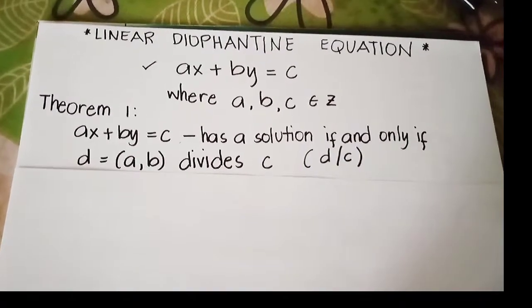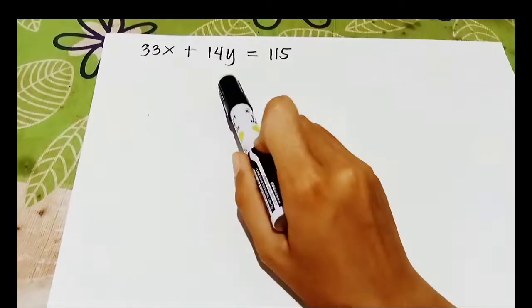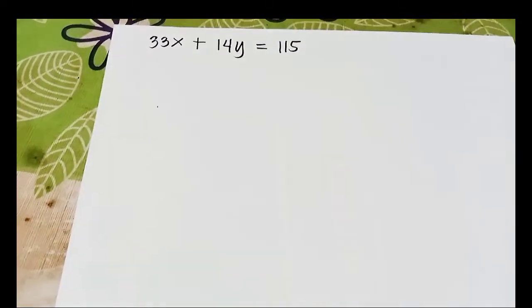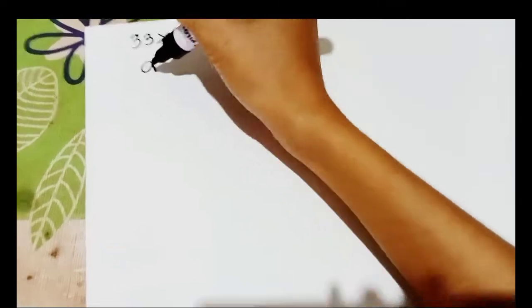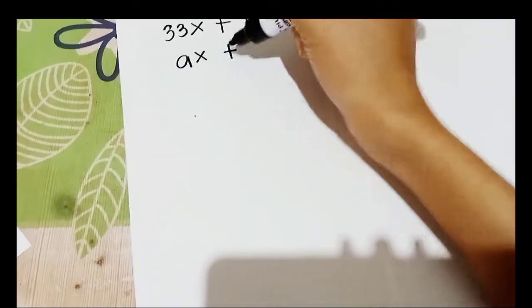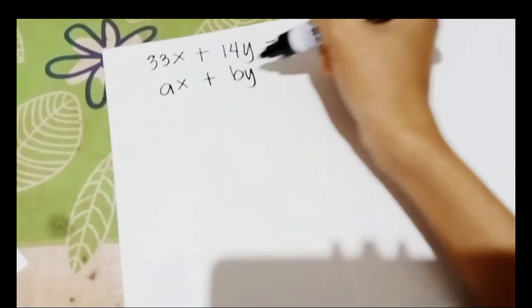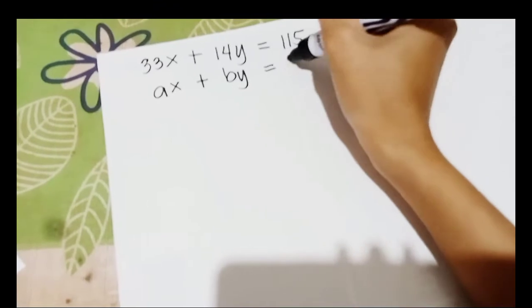Let's find out. If we have the equation 33x plus 14y equals 115, then we have ax plus by equals c.